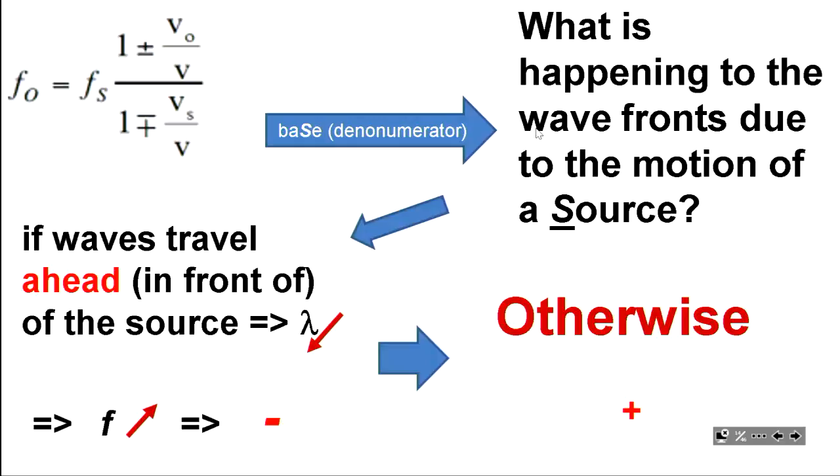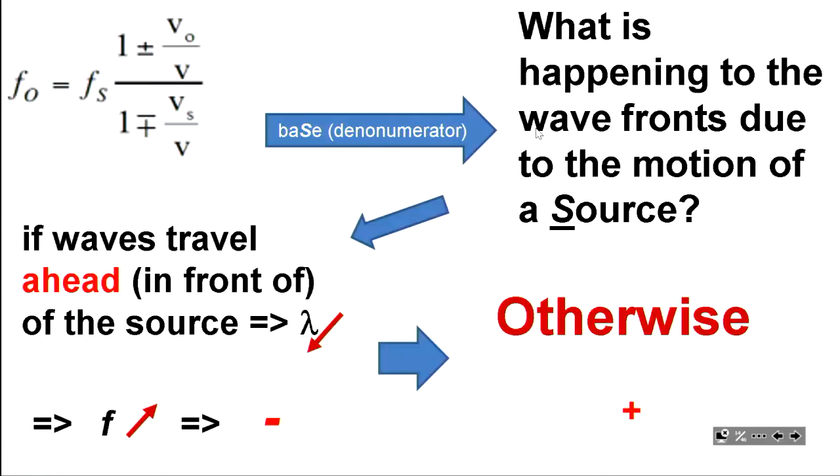And for the source part, for the denominator of this fraction, first we have to remember in mathematics how a fraction changes when we change the numerator or denominator. If we increase the denominator, the fraction decreases.